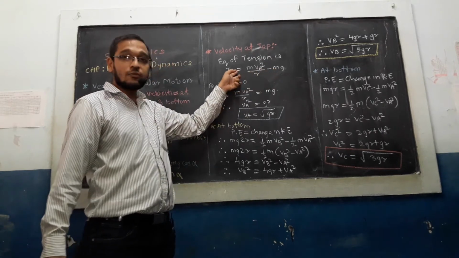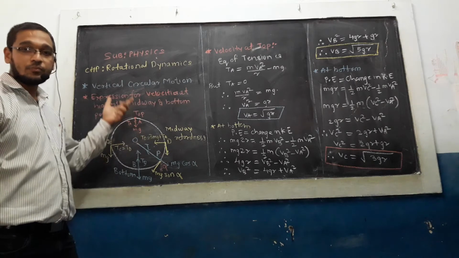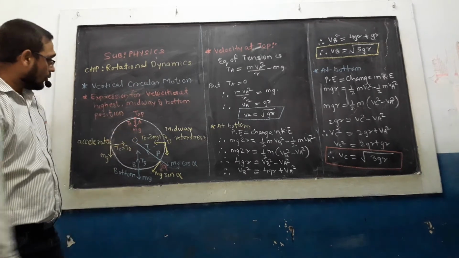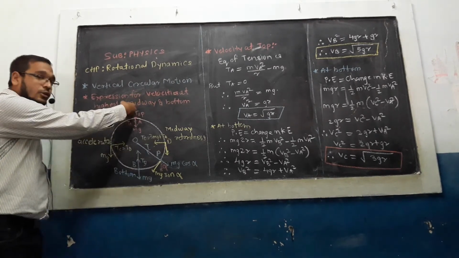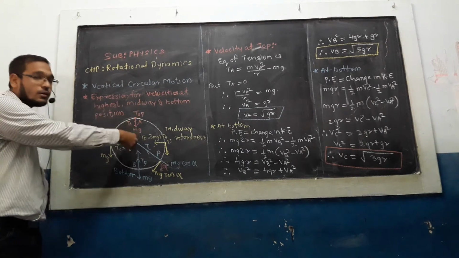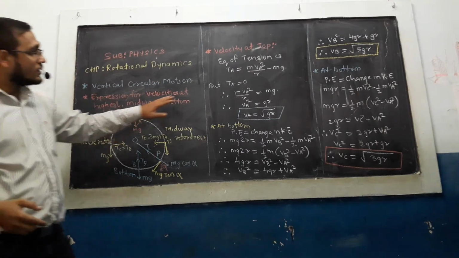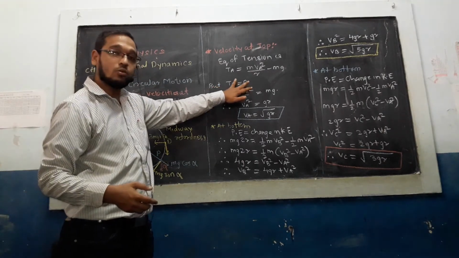This was the expression for tension in the string at highest point. Now, as the particle is at top, the tension in the string is very less, almost negligible, so we consider tension equal to 0.